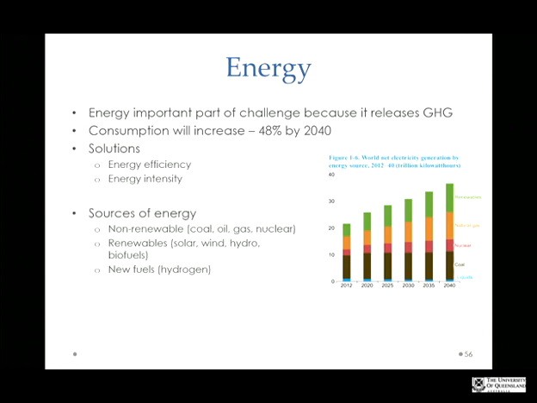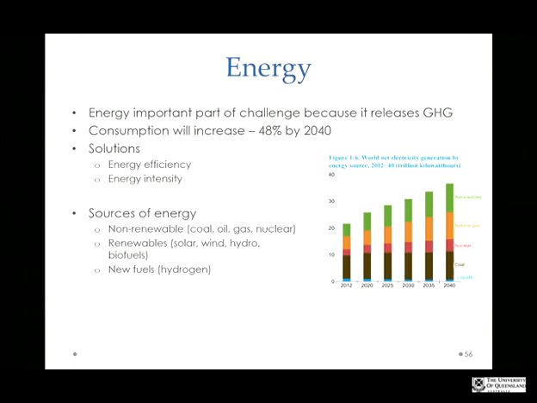There's also the differences in sources of energy. We're going to look at a table in a sec that shows some of the pros and cons. But you have a whole bunch of non-renewable resources which are easy. We use them at the moment, they do exactly what we want them to do, except they produce a lot of pollution.